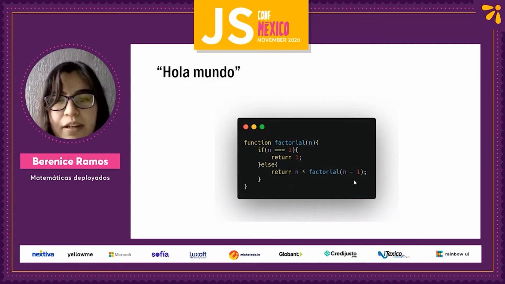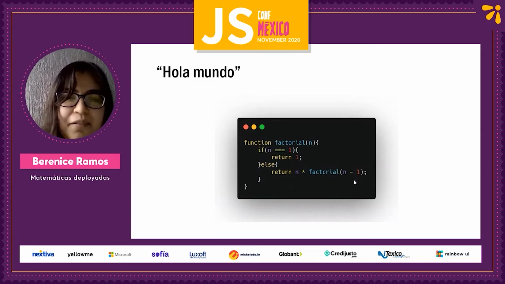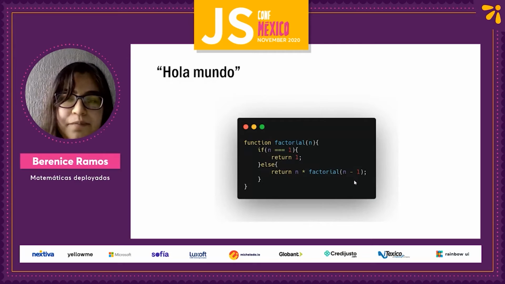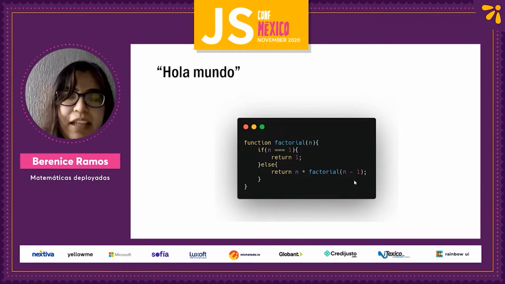So we're going to see an application of mathematical induction in the hello world of recursion. So we have this hello world, which is a function that solves the factorial of a number. So what is a factorial?